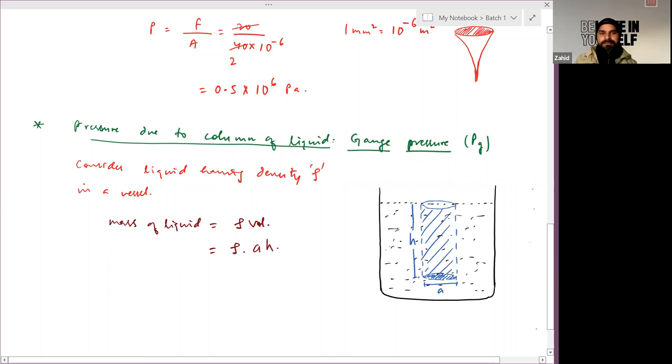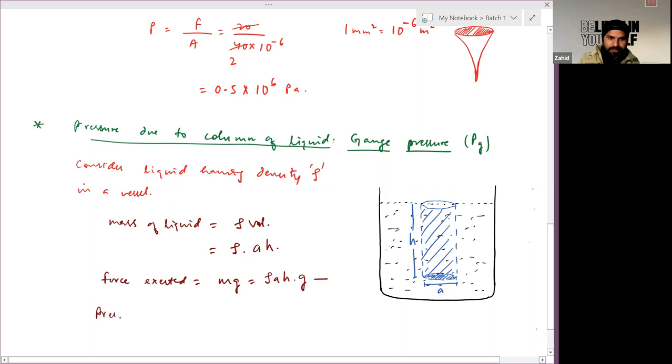Is it clear? So this mass will exert some force due to being acted upon by gravity. So force exerted will be equal to mass times gravity. Mass is rho A H times gravity.